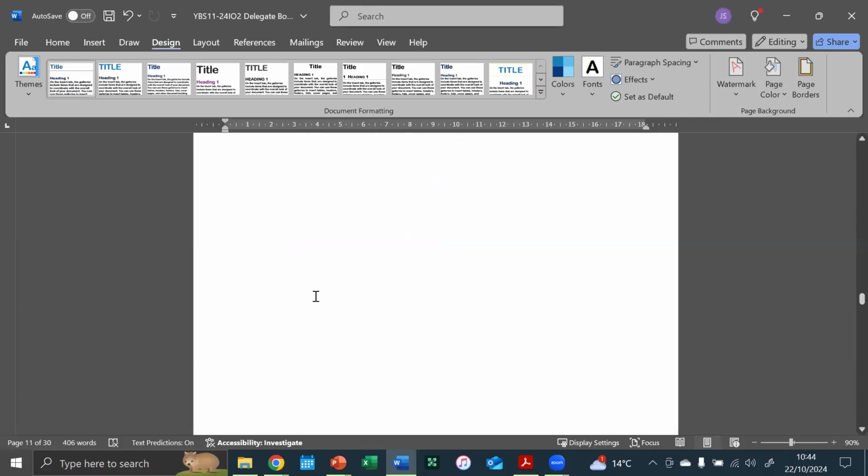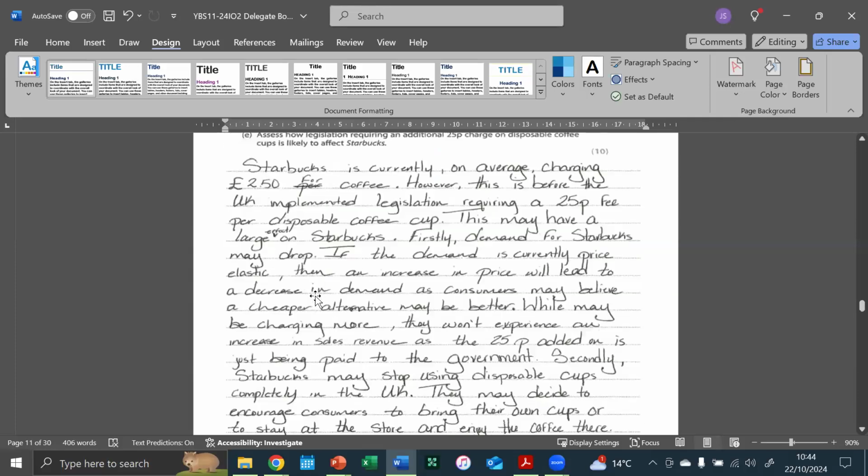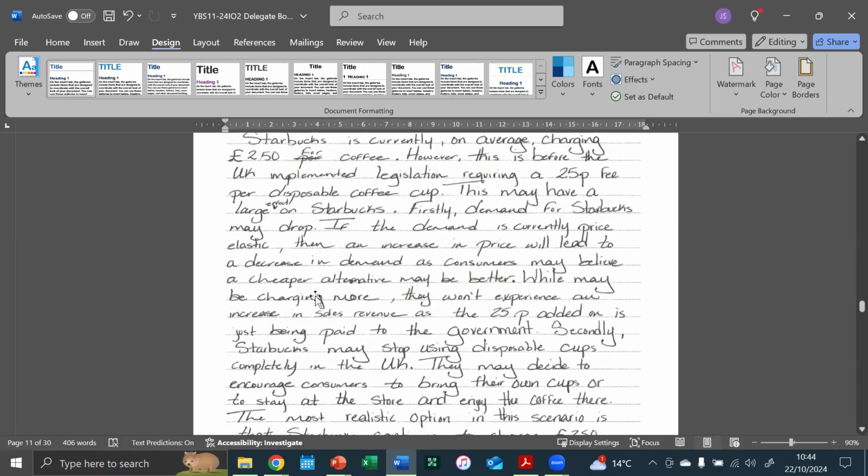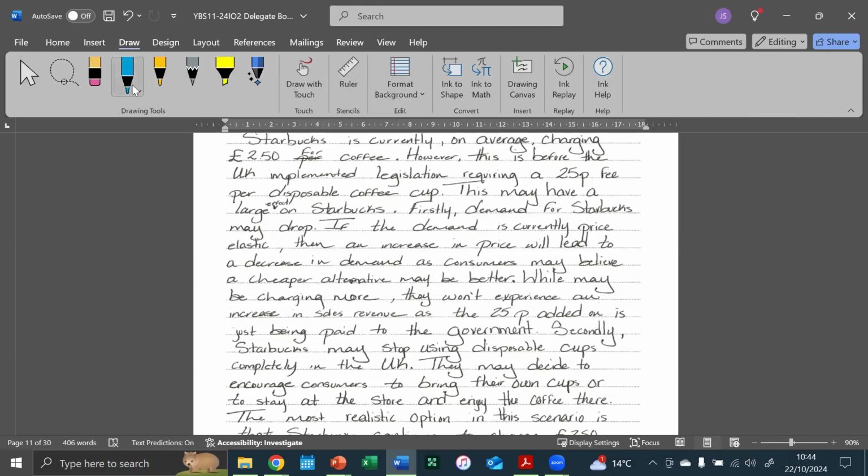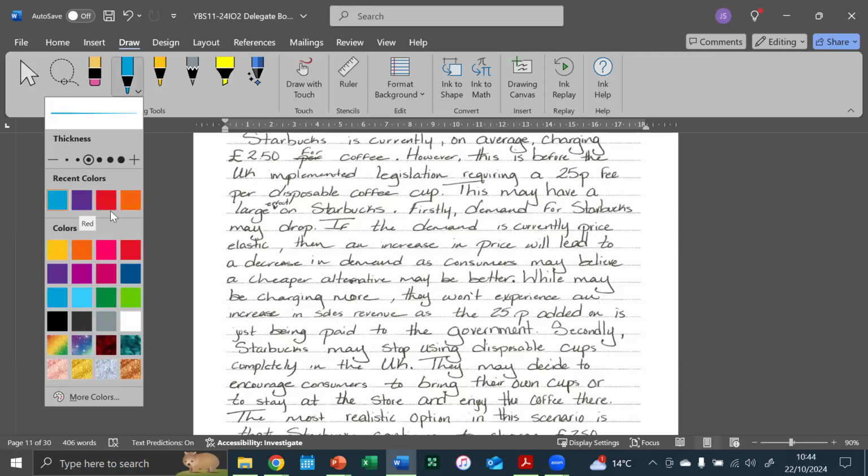Okay, the next one I don't think is anywhere near as good. The reason is they don't really do anything in terms of price elasticity of demand. Now, we have this bit here, and I just want to be clear as to why I'm not allowing it.